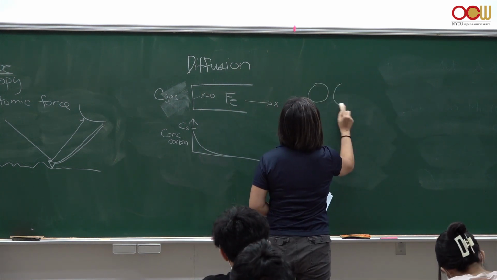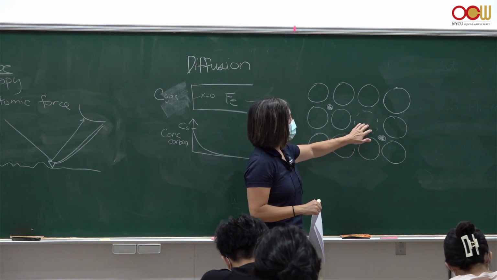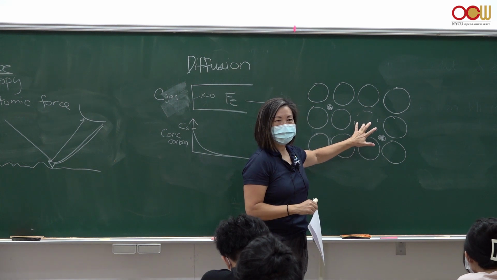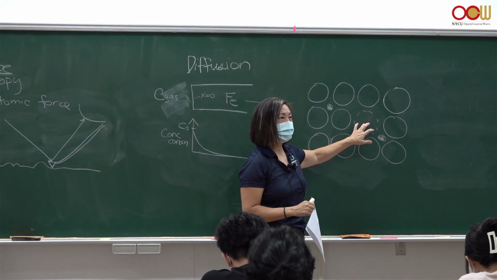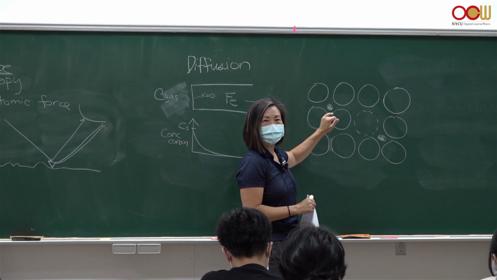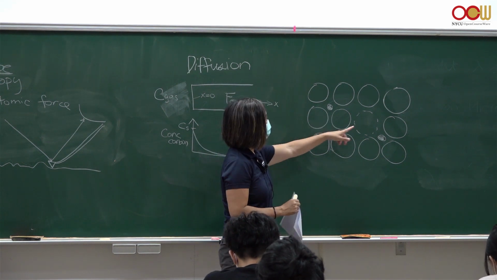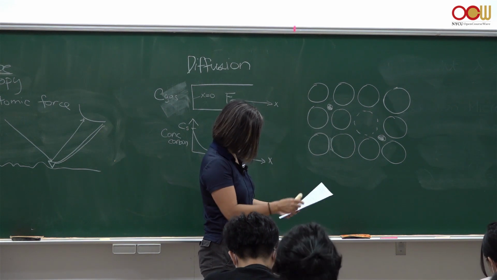And we have different kinds of diffusion. You have an atom missing here. What is that called in terms of defects? Vacancy, right? This is a, what kind of defect? In between, the interstitial, right. Okay, so you have vacancies, interstitials here.